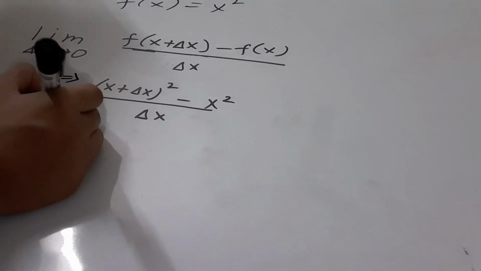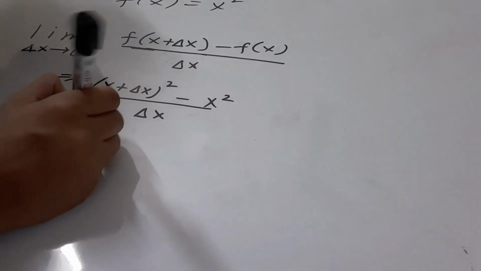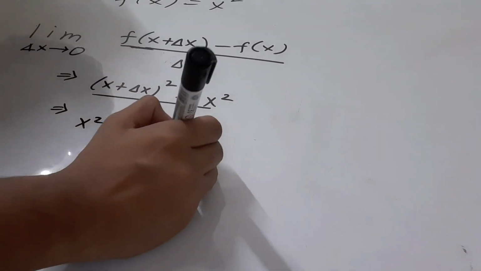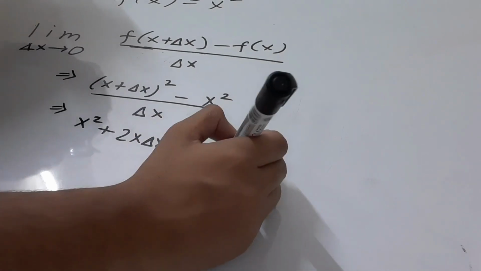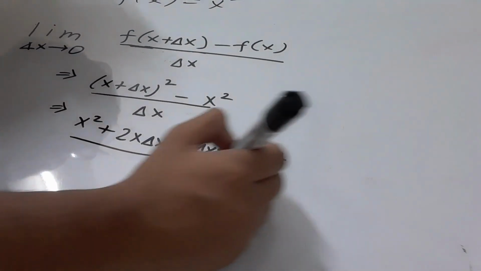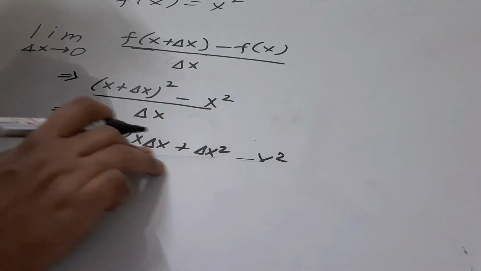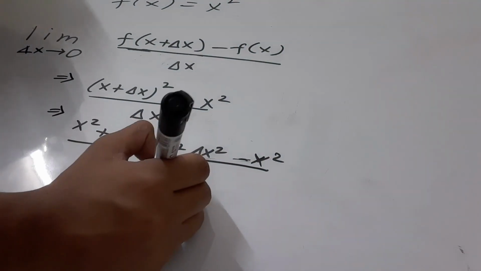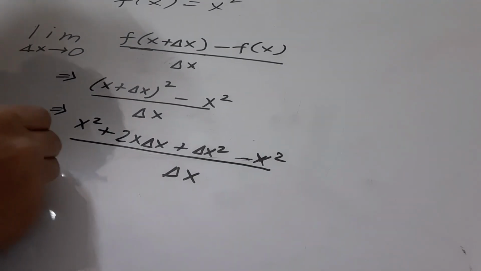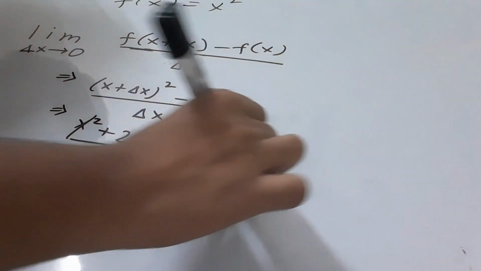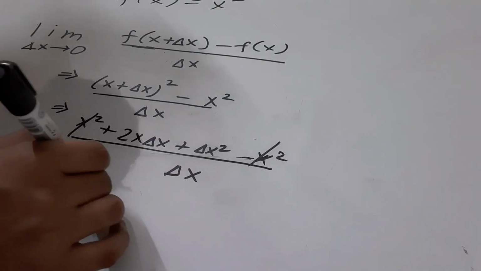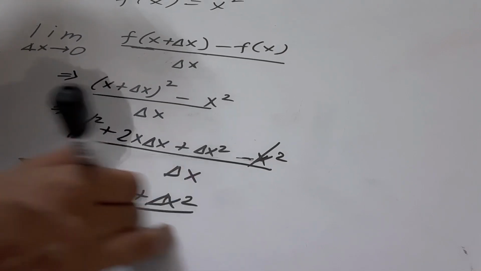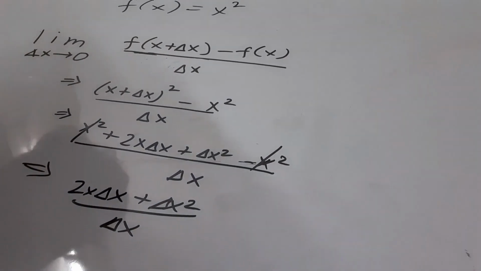As we know, x squared plus 2x delta x plus delta x whole squared minus x squared, upon delta x. Nothing fancy. Cancel out these x squares. We get 2x delta x plus delta x squared upon delta x. Let me erase this on top here.